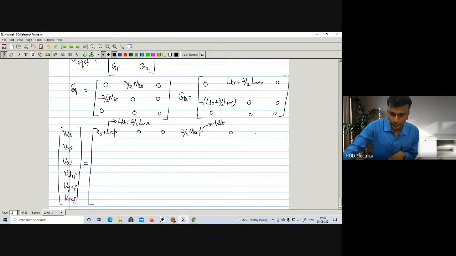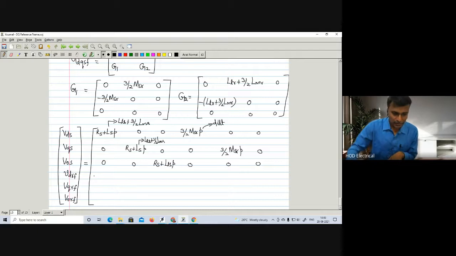Then 0, 0, then RS plus LS into P, where LS is the same as LLS plus 3 by 2 LMS, then 0, 0, 3 by 2 MSR into P, 0, then again 0, 0, RS plus LLS into P, 0, 0, 0.